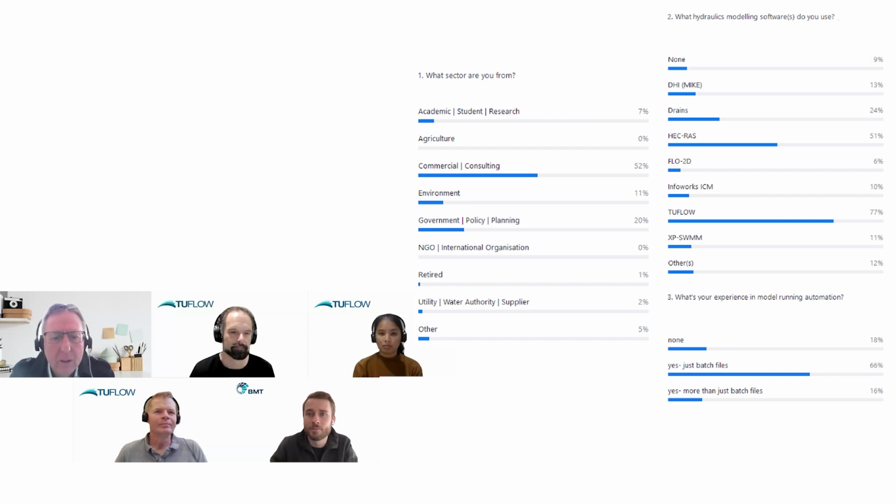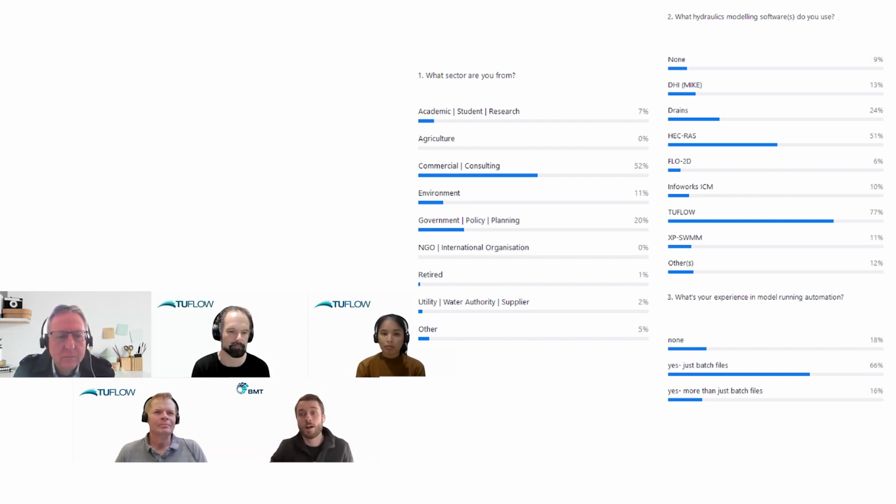Going down to the second question around what modeling software are you using? The biggest percentage seems to be around TUFLOW, followed up quickly by HEC-RAS, and then spread across some of the other flow modeling software like Mike, DRAINS, Flow2D, ICM, XP Swims. Then on the third question, what is your experience in model running automation?